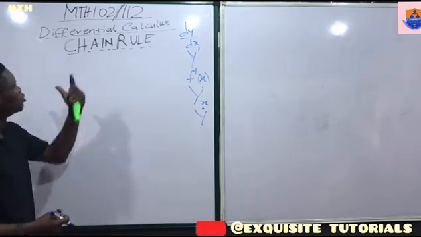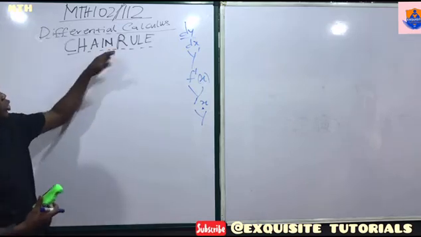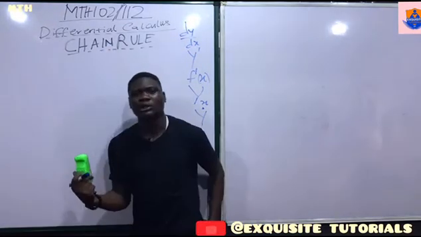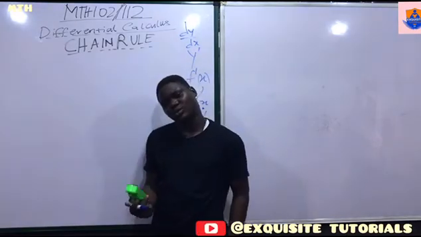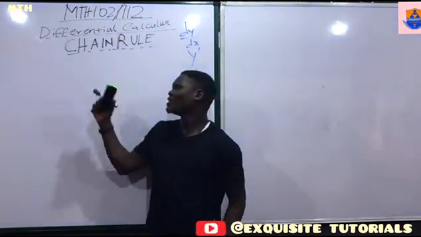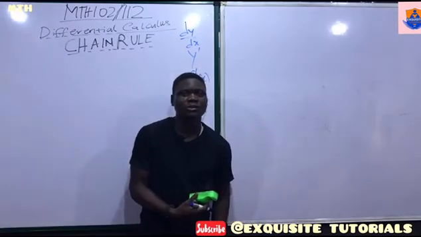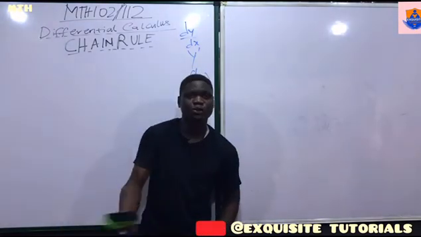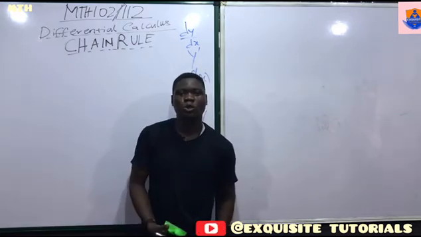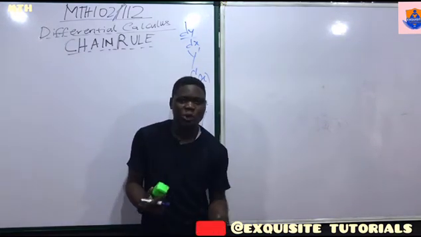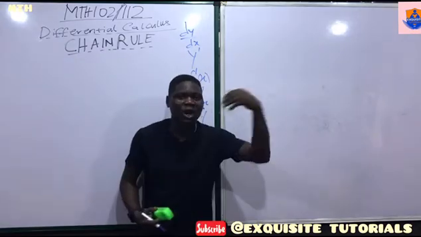So, chain rule. Now, when you hear chain, what comes to your mind? What does a chain do? That's the first thing you should ask. Or why is it called chain rule? What is it all about? Now, a chain, let me call a chain a rope. What a rope does is hold something, or sometimes connect something to another.